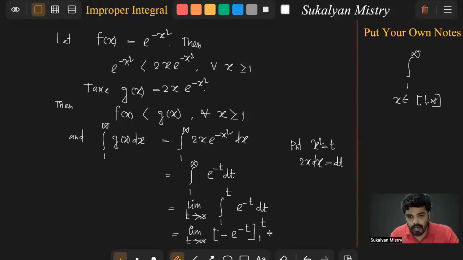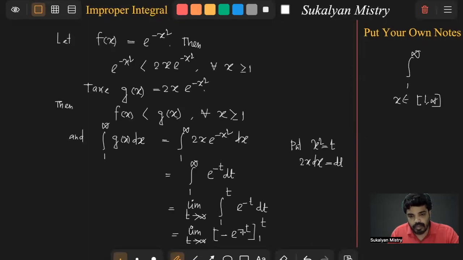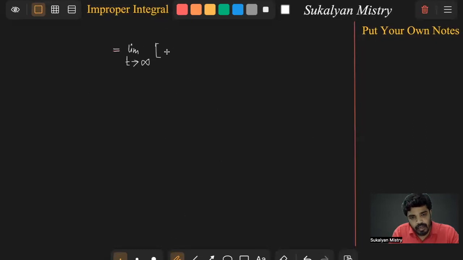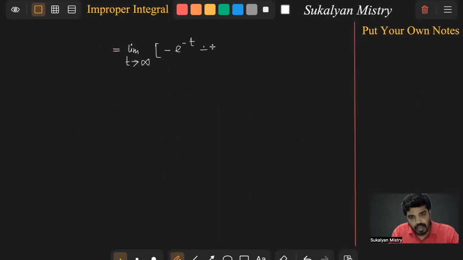Now put the upper limit. So that equals limit t tending to infinity, minus e to the power minus t plus e to the power minus 1.